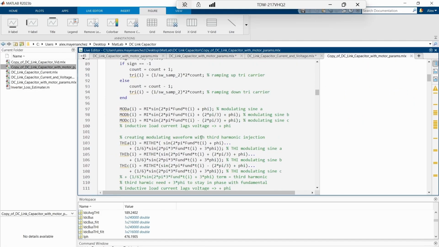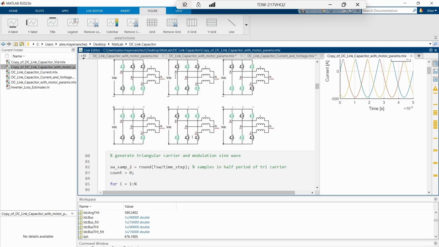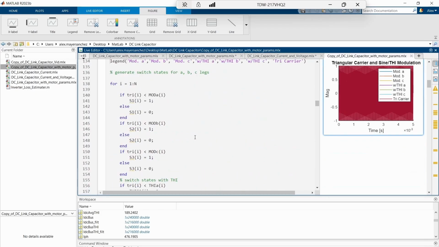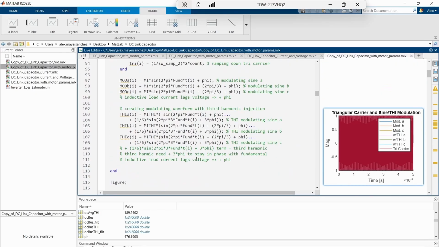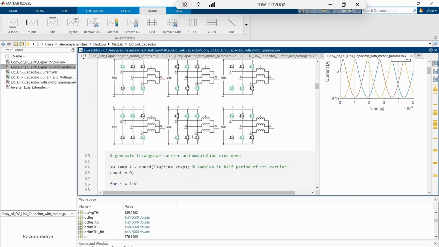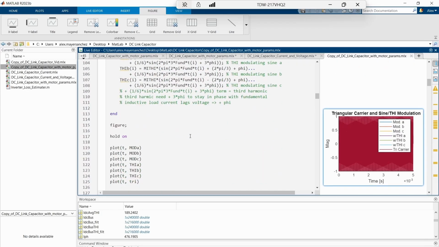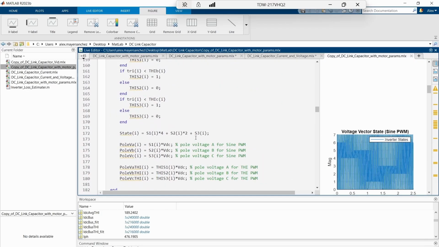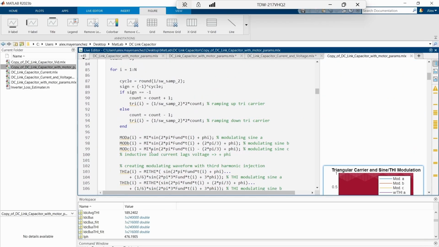So when you add the same third harmonic to all of the phases or all of the poles, that makes it so that the neutral voltage is actually having the third harmonic. So then when you subtract the pole, which has the fundamental plus the third harmonic, minus the neutral, which is just the third harmonic, you end up getting a pole voltage that is basically the value of the fundamental.